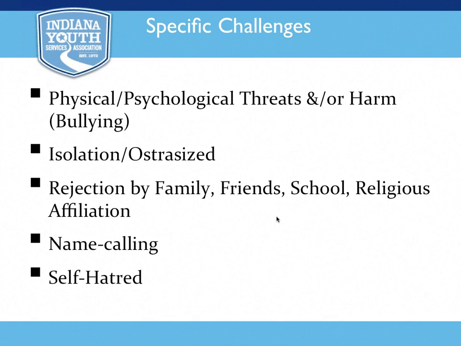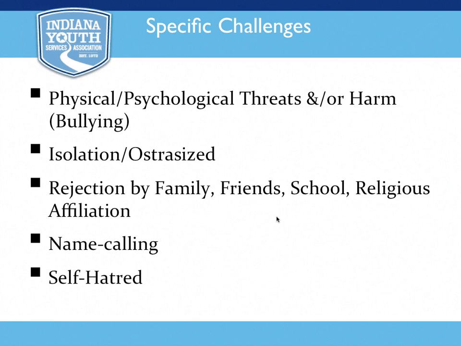They face name calling, and a lot of times this is internalized as self-hatred. Adolescence is typically when a person is really coming to terms with their sexuality, their sexual orientation. Adolescence is a difficult time anyway. And especially if they don't have that social support, they may feel like they have no self-worth.